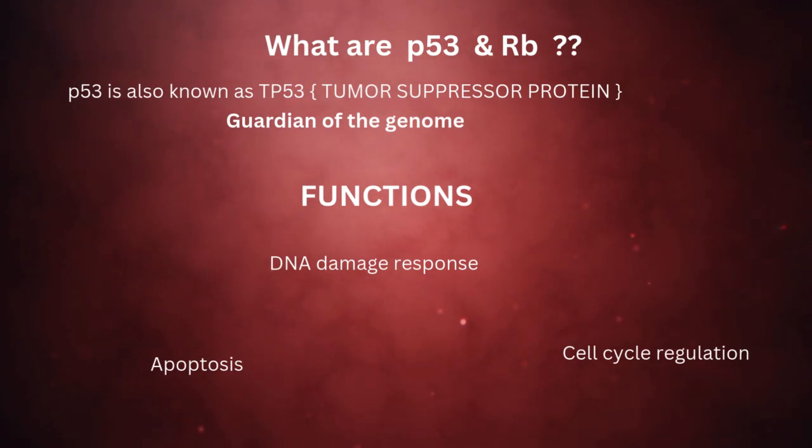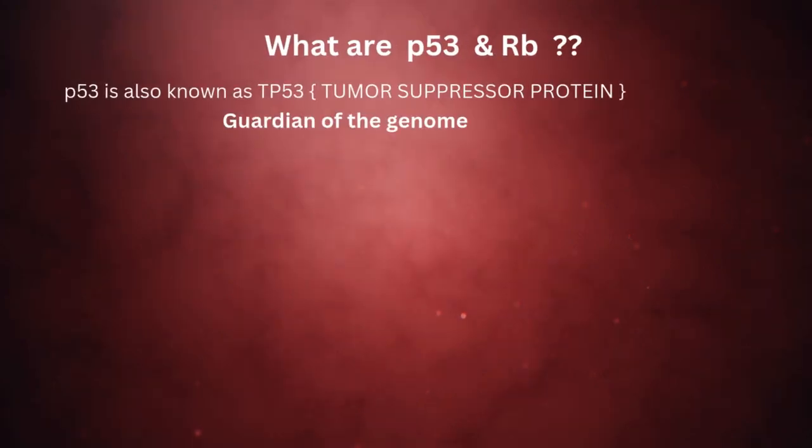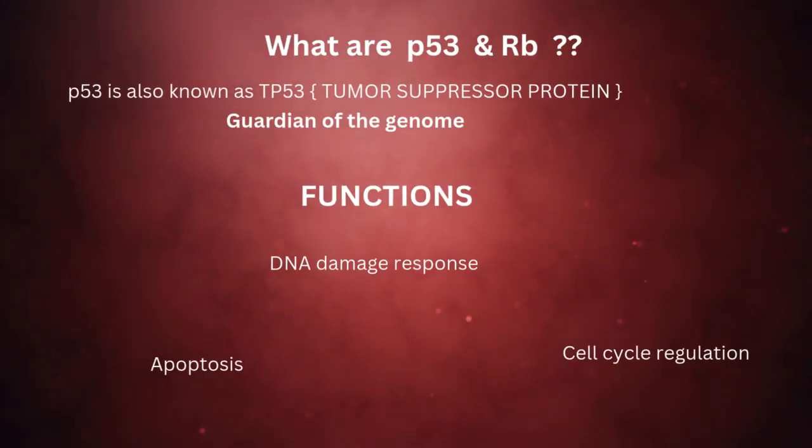These two important genes, p53 and the RB retinoblastoma gene, help in maintaining apoptosis. It also regulates genomic stability, helps in maintaining the chromosomal number, and also prevents mutations, right?